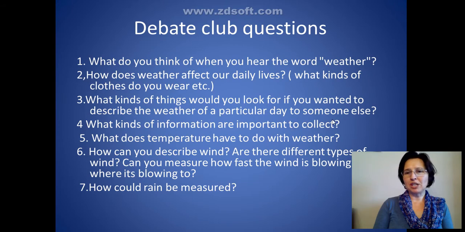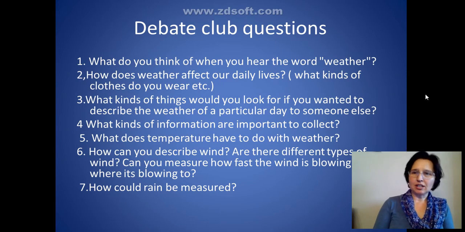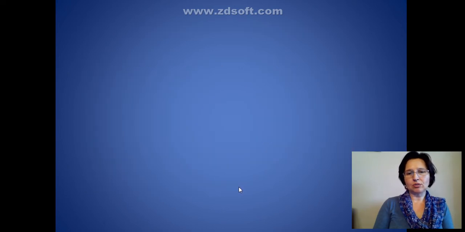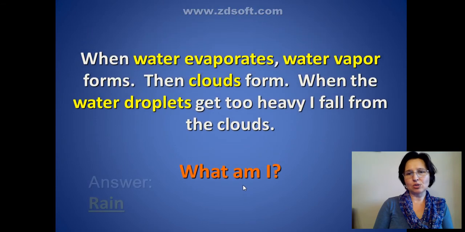What kind of information is important to collect? What are the differences between temperature in our weather station and their weather station, because they are kids from different schools? How could rain be measured? We can talk about how we measure the quantity of rain in our schools and so on.